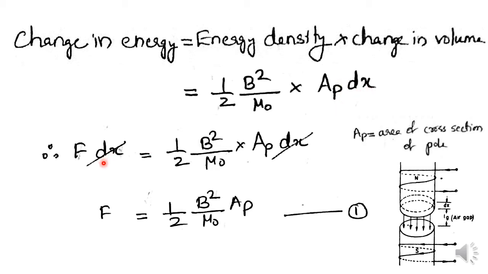So let's equate those two values. On the left hand side the work done, and on the right hand side the change in energy. By rearranging, we will get the equation as F is equal to half B square by mu 0 into AP. That is equation number 1. Here F indicates the force of attraction between the north and south poles.